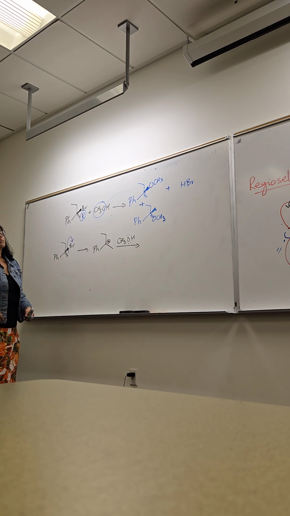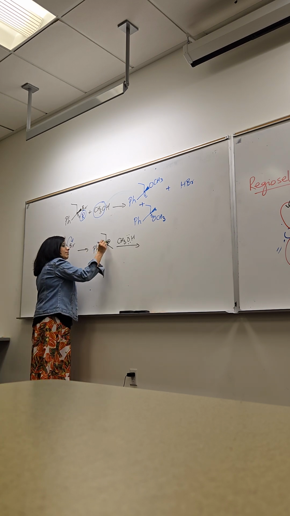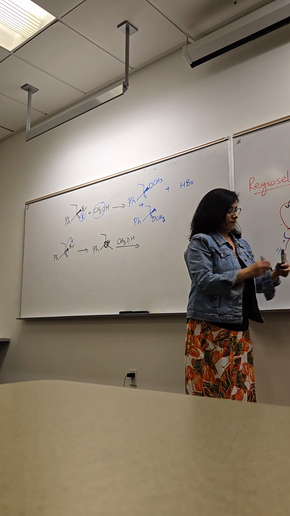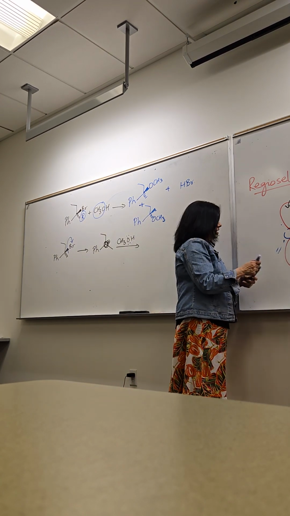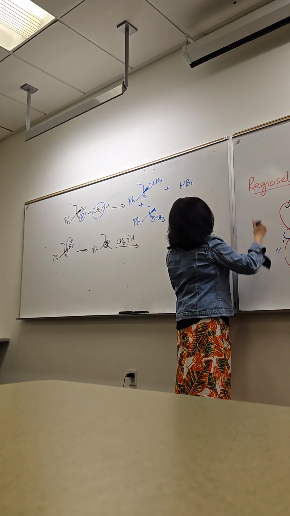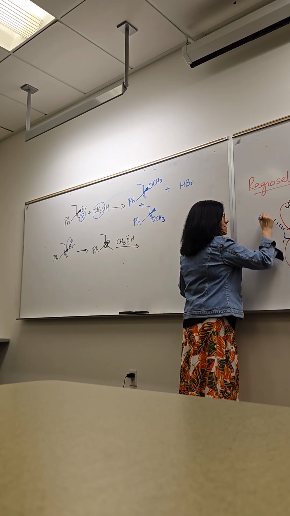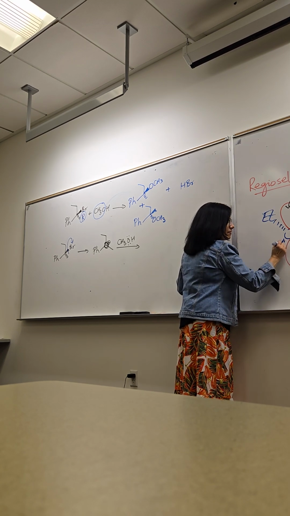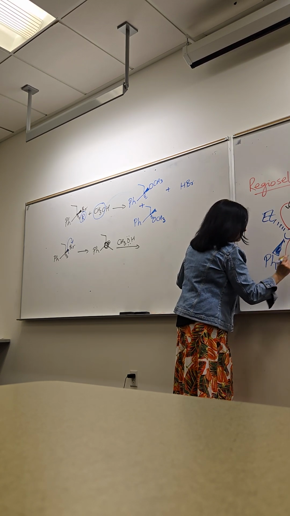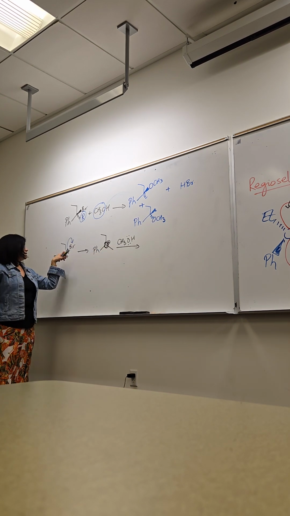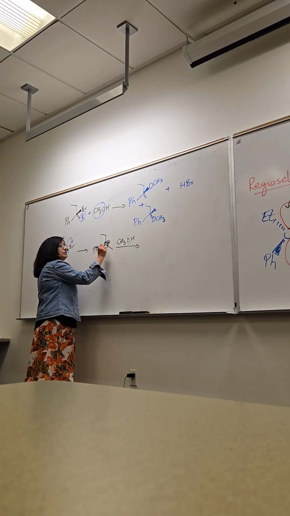Well, because one of the methyls is going to be either pushing forward or pushing back. That carbon is sp2. The carbocation is sp2. This was sp3, I get it, but this is sp2.